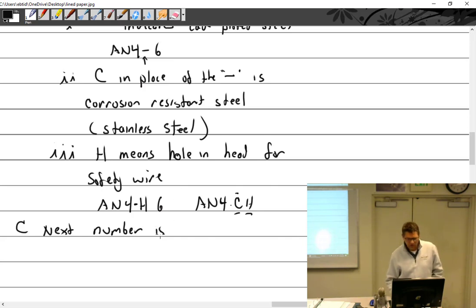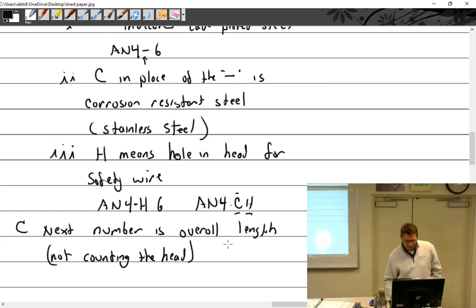All right, so next number is overall length. Not counting the head. Overall length, not counting the head of the bolt.